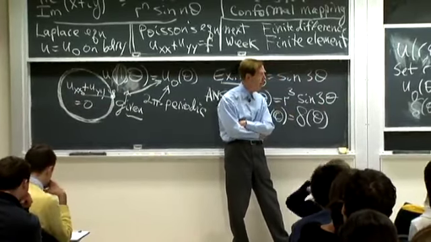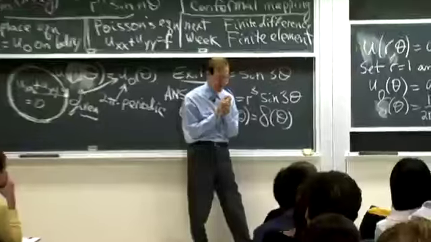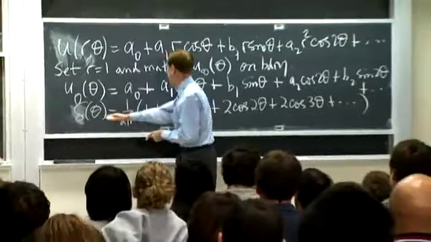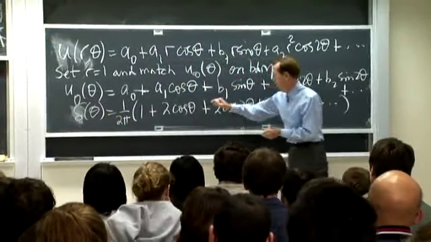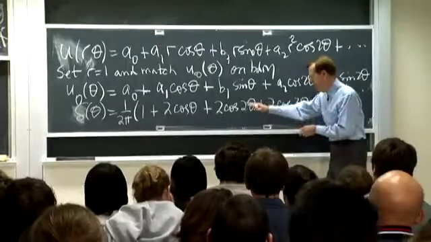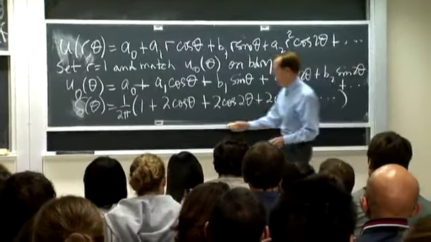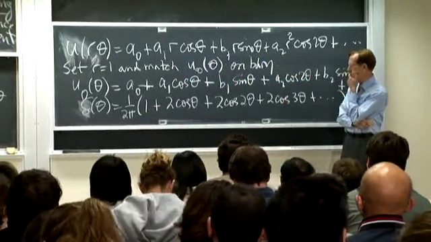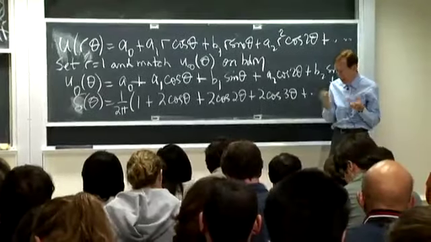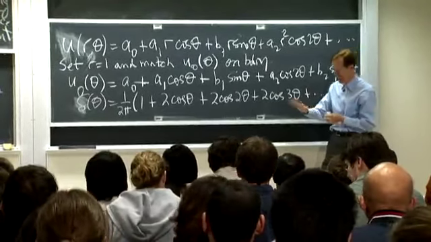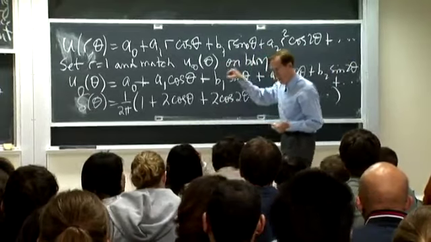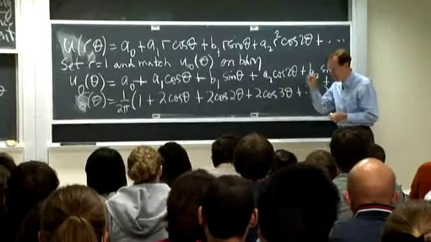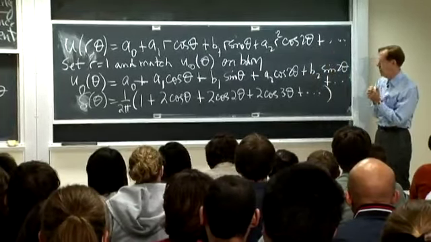Anyway, that's an extreme example. But now, what's the temperature inside? Can you just follow the same rule? If that's the delta function, if that's the right series, whatever, it might be a 4 pi, I'm not sure, what's the solution, what's the temperature distribution inside a circle when one point on the boundary has a heat source, a delta function?